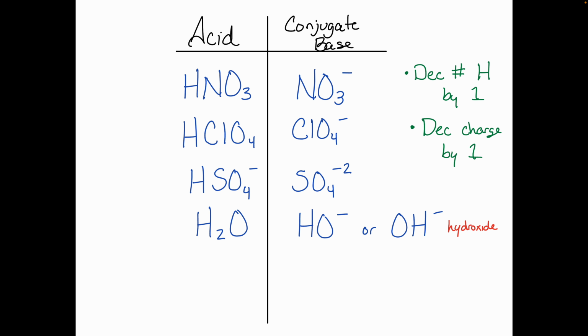Okay, so in each of these, that donatable proton was easy to spy because it was listed first in our formula. Well, actually, it was easy to spy because that was the only choice, right?